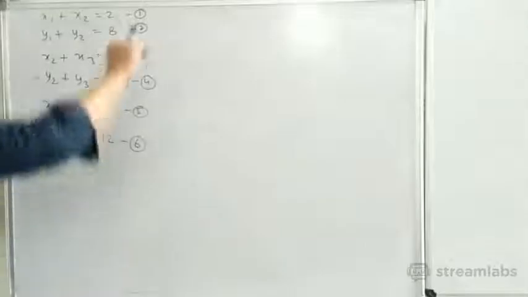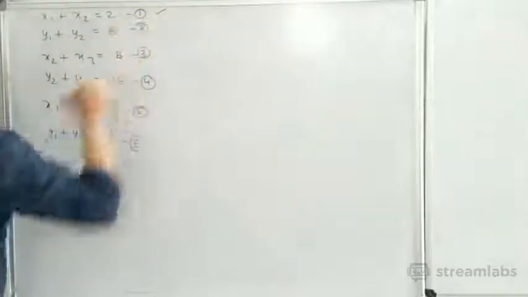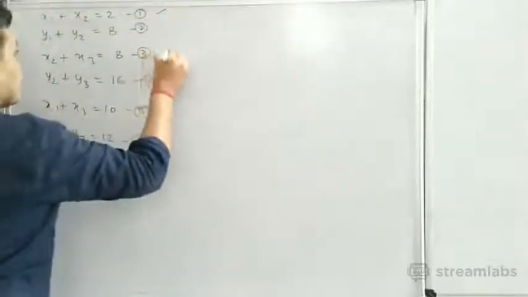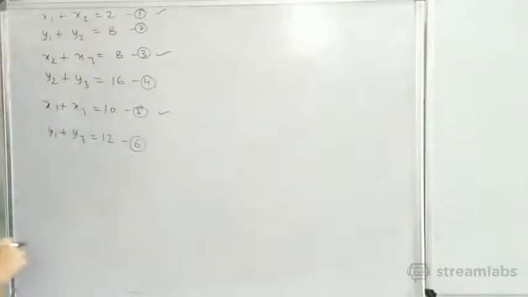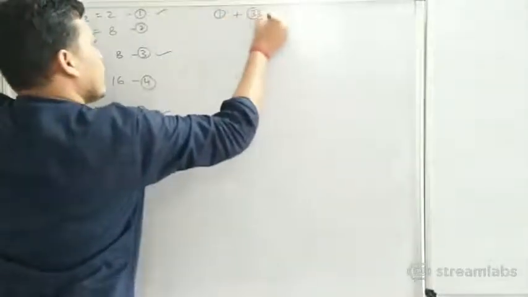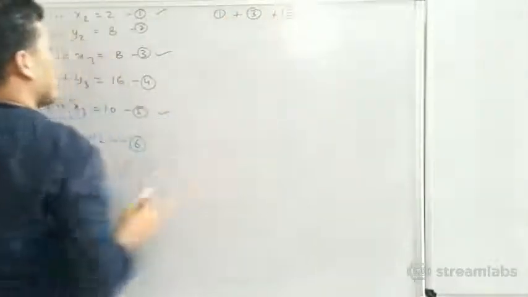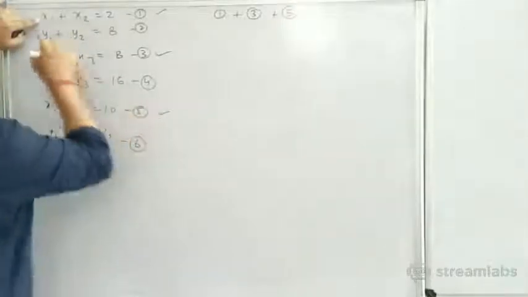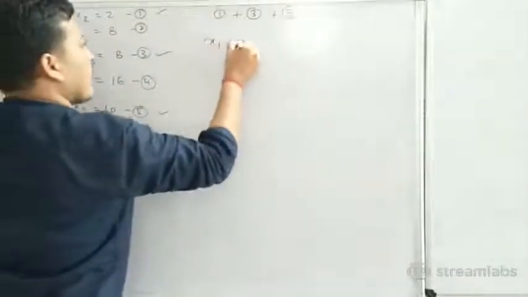Can you add equation number first, third and fifth? Add equation number first, third and fifth. The first one is x1 plus x2.